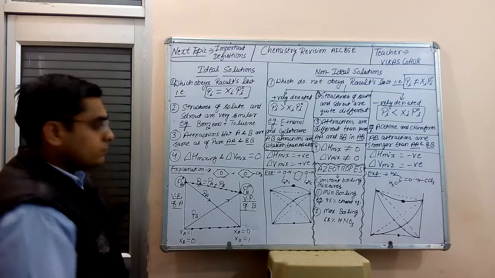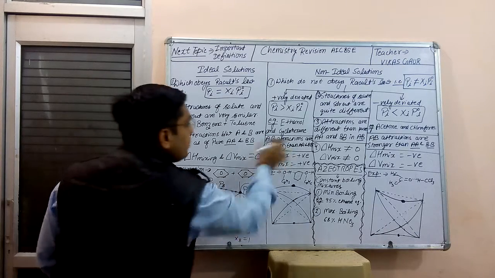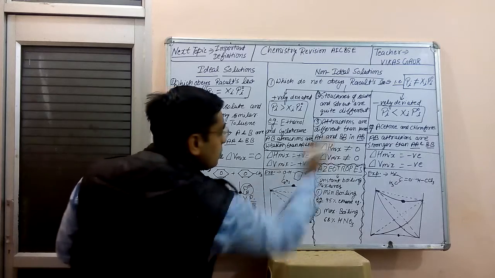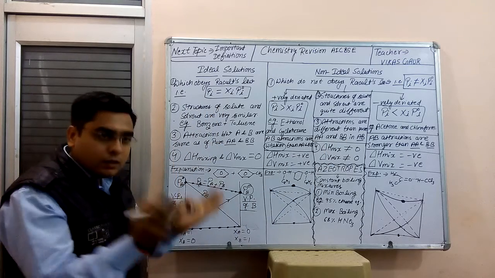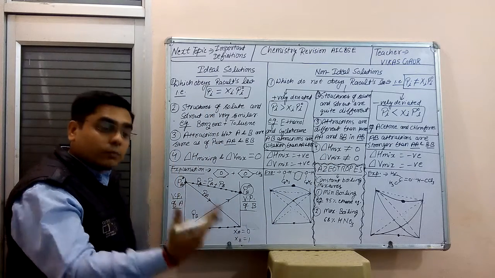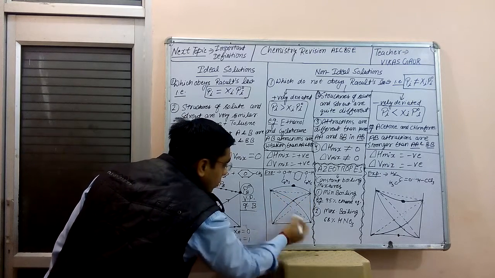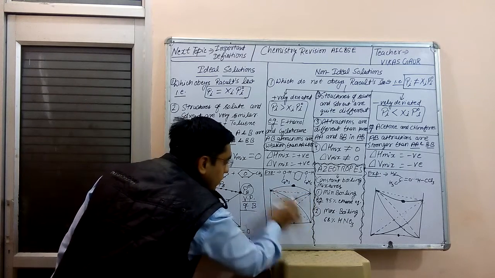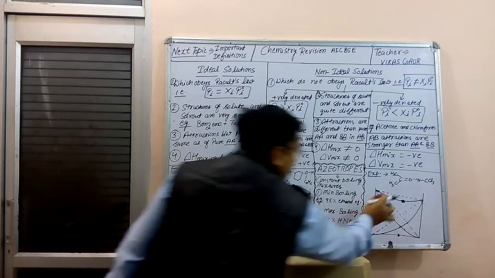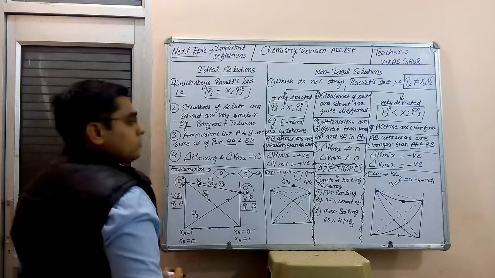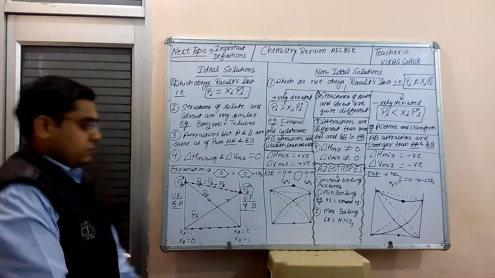And in the graph, when forces are weak, then vapor pressure will be more, and when forces are stronger, then vapor pressure will be less than normal vapor pressure. So the graph comes to be in positive form, more than this normal graph, and here vapor pressure comes to be less than the normal graph due to more attractions.